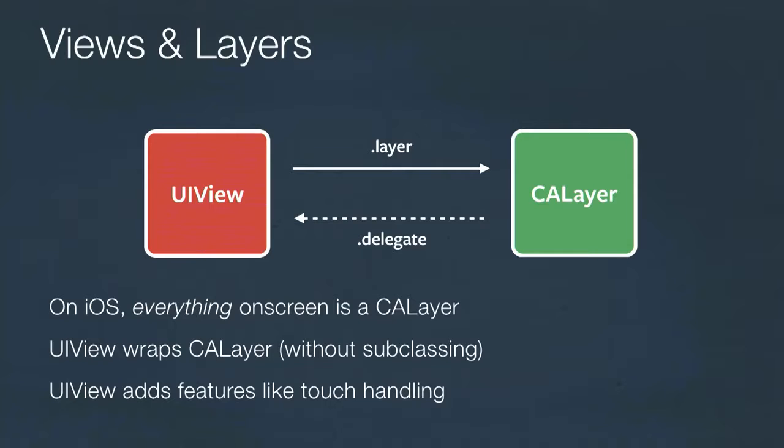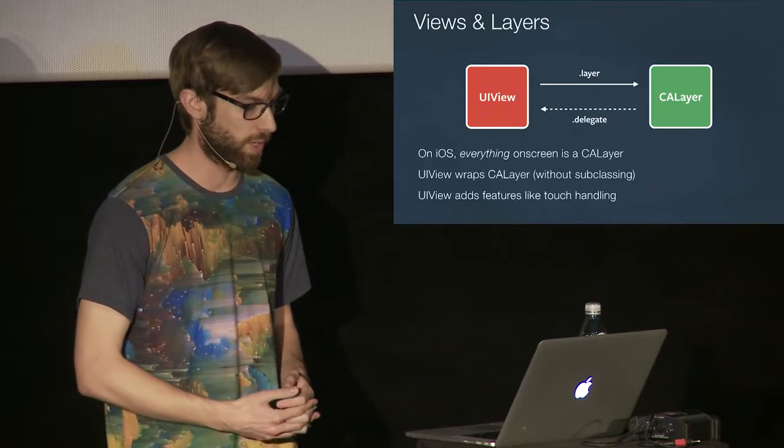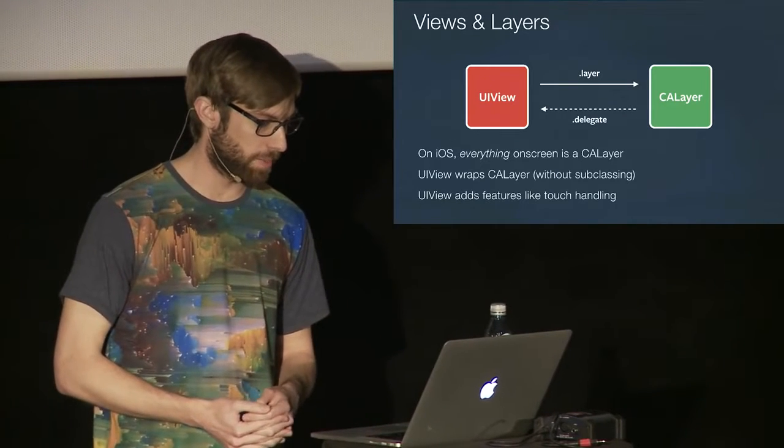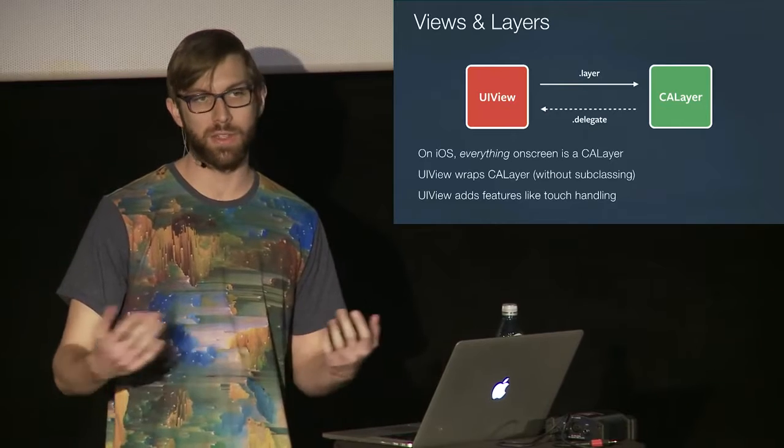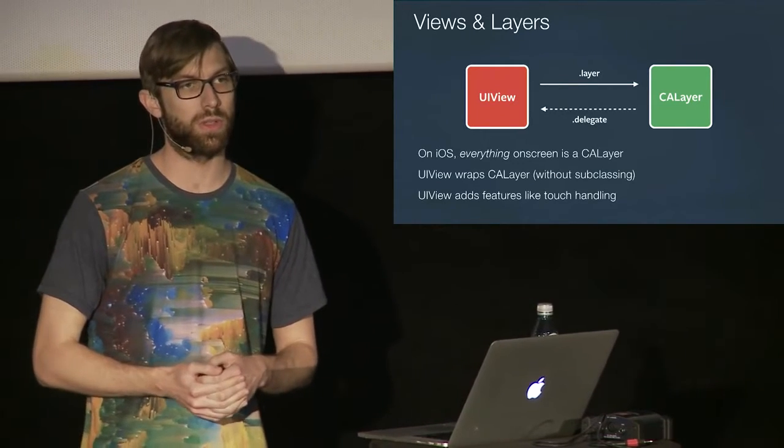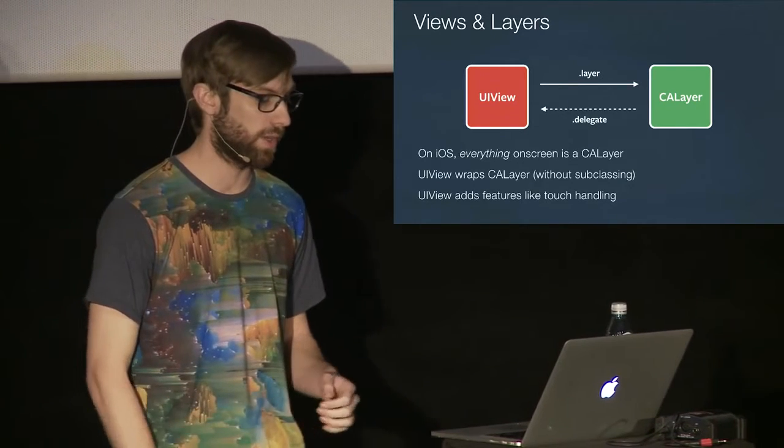So you're probably familiar with this, but this is basically the setup of UIKit and Core Animation. Here we have a UIView that creates and owns a CALayer. And it turns out that UIView doesn't even have an on-screen presence except through its layer. And so sometimes you can have layers by themselves as well. But the reason this is set up this way is because UIKit adds various features that Core Animation doesn't need to be concerned with, like touch handling.